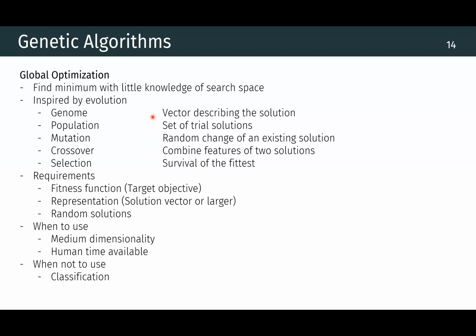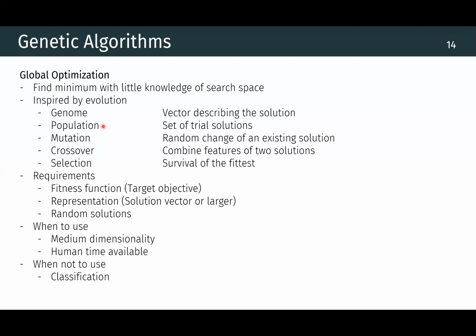The vector describing the solution, so that's what we called x0 in our optimization lecture, is a genome in genetic algorithms. Now you have a set of those genomes, and this you call the population. Typically you have maybe a few hundred different solutions, and whether they are close to a minimum or not doesn't matter.